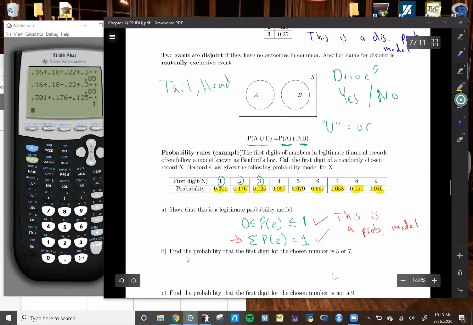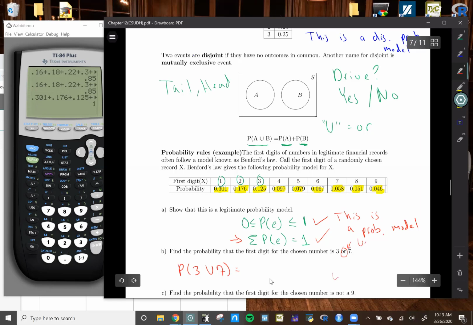If you look at part B, it says find the probability that the first digit for the chosen number is 3 or 7. So we're saying it could either be a 3 or it could be a 7. So those are our two options. The keyword that tells me we're doing an OR statement is the OR right here.